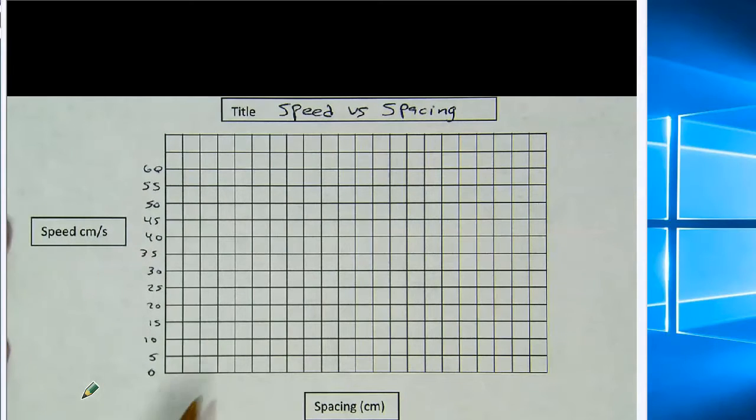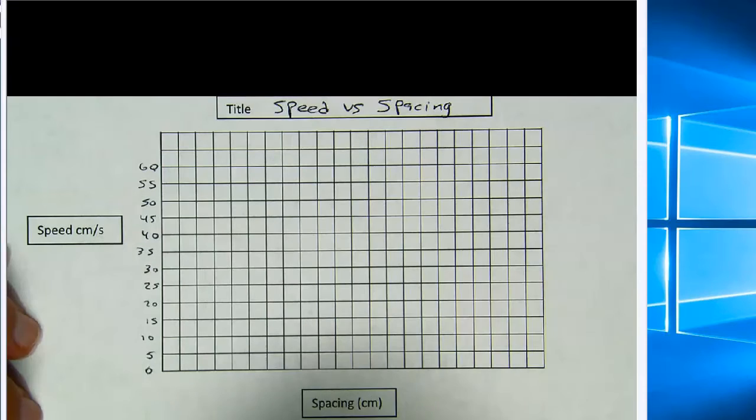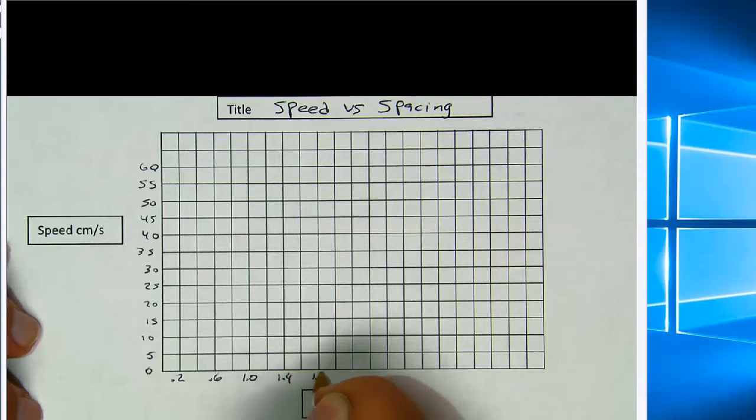And then the spacing. The spacing is very minimal, so we should be able to go every 0.2. So 0.2, 0.4, 0.6, 0.8, 1.4, 1.8, 2.2.